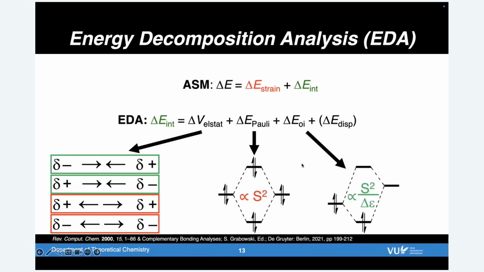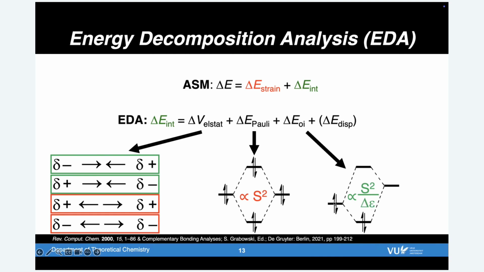The third term is your orbital interaction term, and that mainly encompasses your donor-acceptor interactions, such as your HOMO-LUMO interactions, in addition to polarization. Okay, and the orbital interaction term is going to be proportional to the overlap squared divided by now the energy gap between the orbitals.